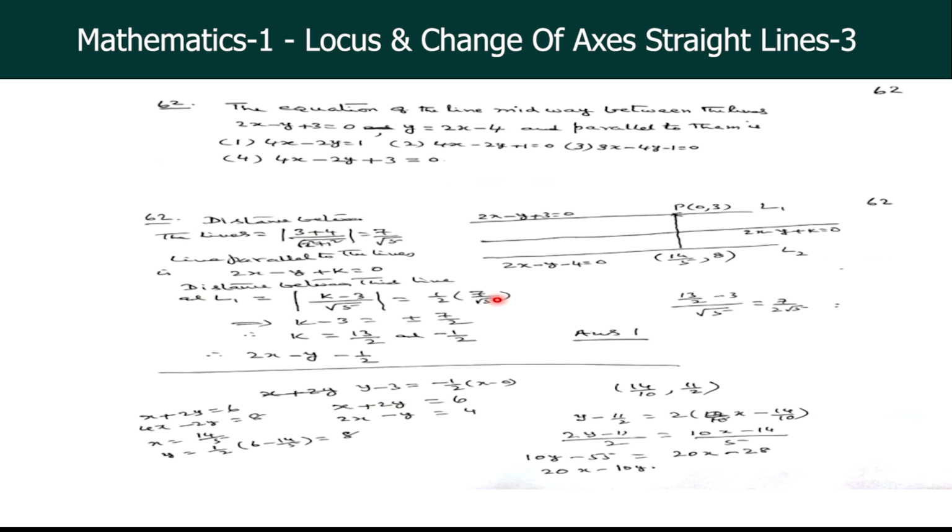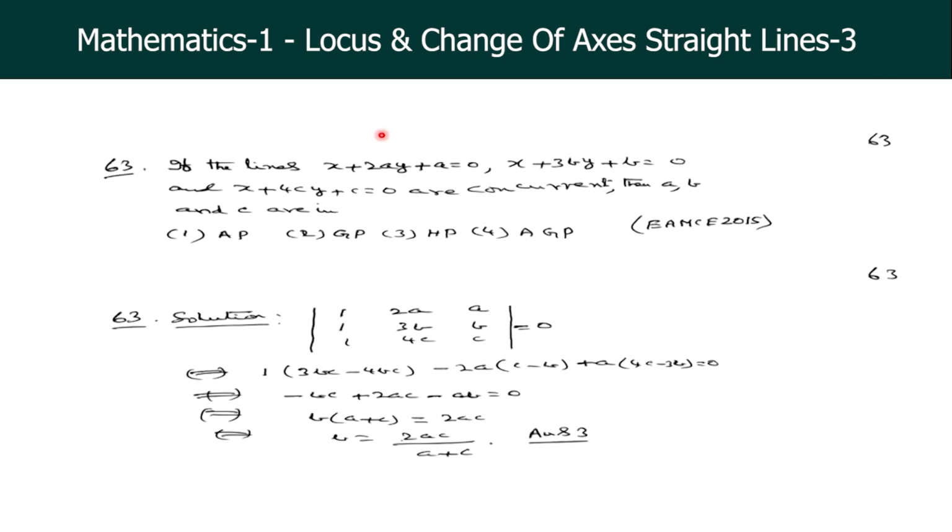So, therefore, k is equal to 13 by 2 and minus half. So, 2x minus y minus half equal to 0. That means option number 1. If you divide by 2, then you get 2x minus y is equal to half. Answer 1.